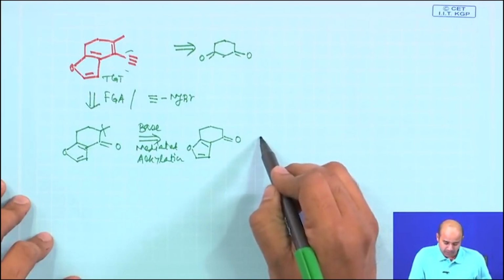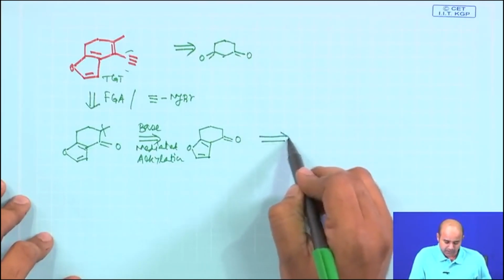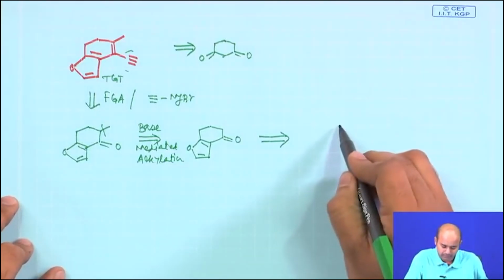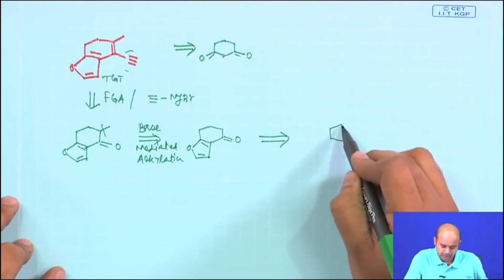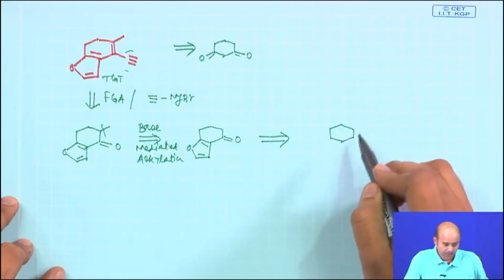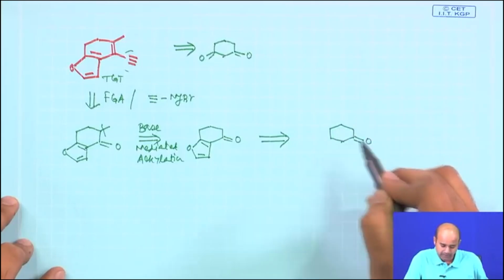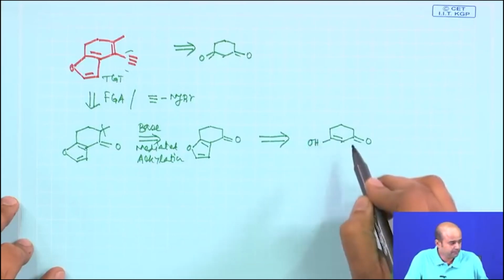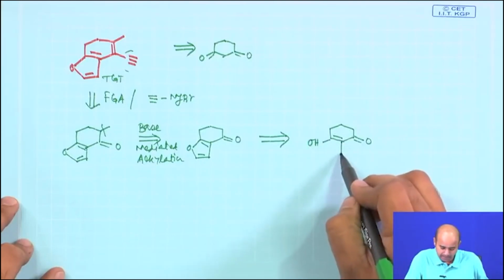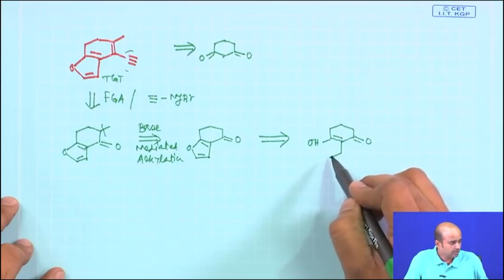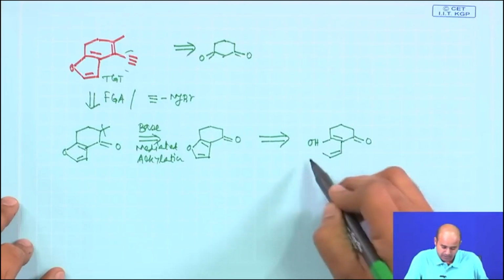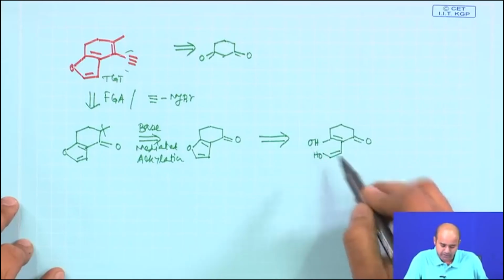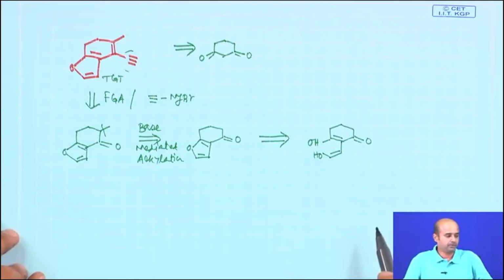Fine. Now, we will try to construct the furan ring. The furan ring was thought to be made in this way. If you have a compound like this and this vinylic alcohol, this will undergo a dehydration reaction to make this compound.